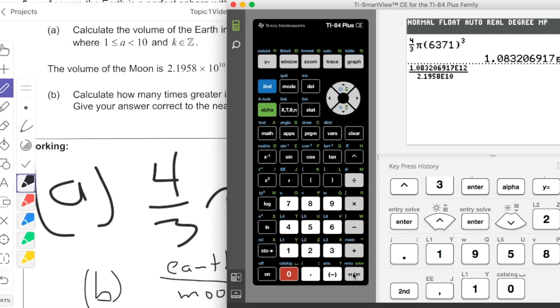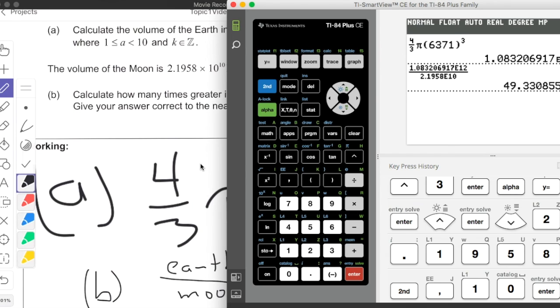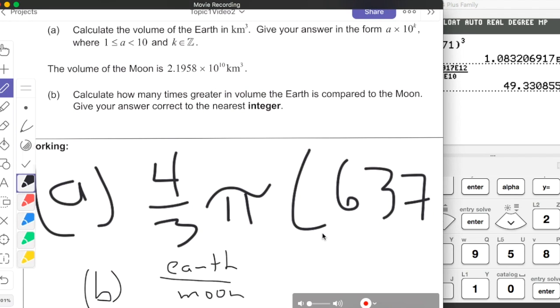And then I get my ratio of how many moons can I fit inside the Earth, basically, in terms of volume, and I get 49.33. The question states round to the nearest integer, so my answer is going to be 49.